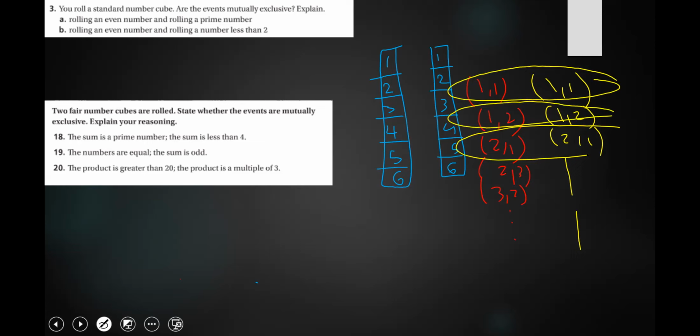So it can be. A student asks whether the numbers should be the same, like the summation of prime numbers, that will be less than 4. Not the same. I mean that the summation is less than 4 and the summation is a prime, so the summation has to be 3 or 2.